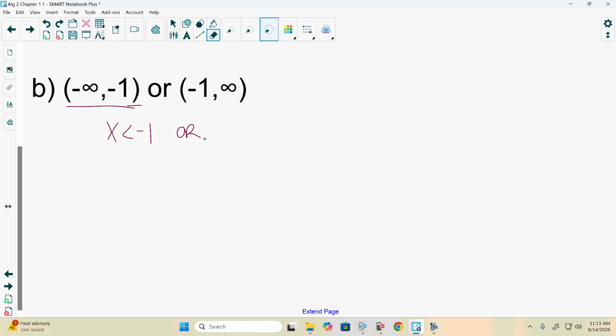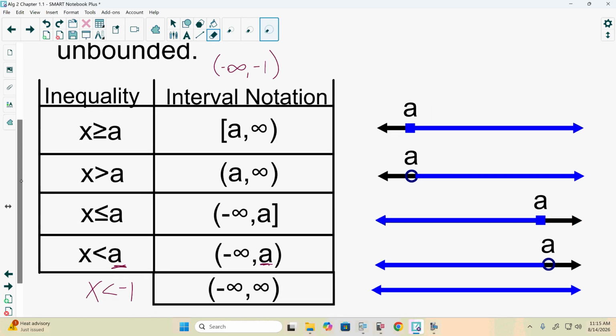Or, we always keep that. Now we have -1 comma infinity. If I want to use this here, erase that, erase that. Now which one are we using? The second one, yes? Which means its inequality form should be in the form of this here.